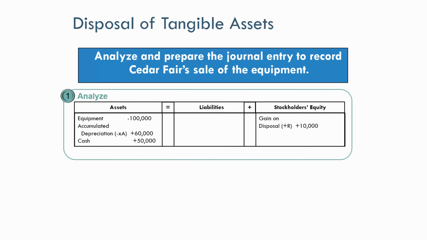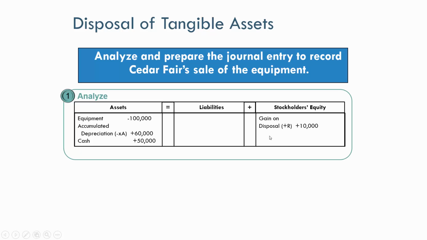So, selling of this, then, we need to remove the equipment, reduce it. We need to remove accumulated depreciation. Yes, it is normally an increase to that asset, but it is a reduction to the accumulated depreciation account. So probably what you need to focus on is removing this credit balance with a debit. Cash is coming in. If cash comes in, always a debit.